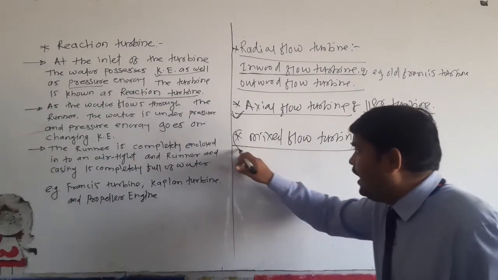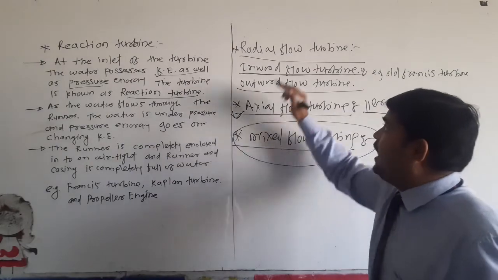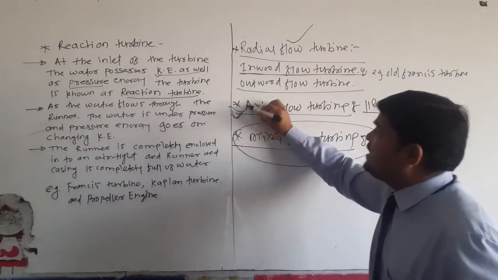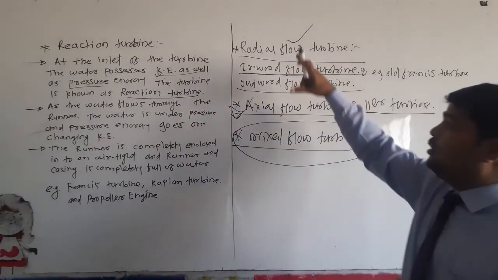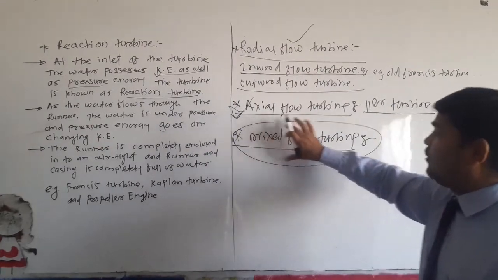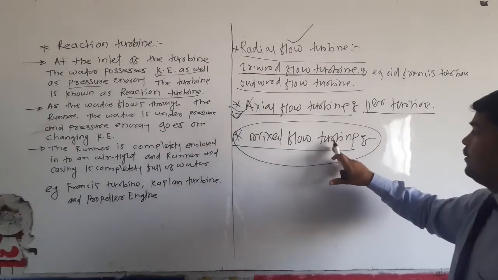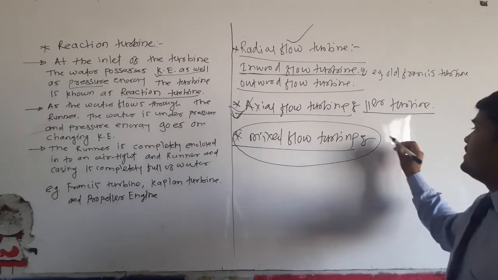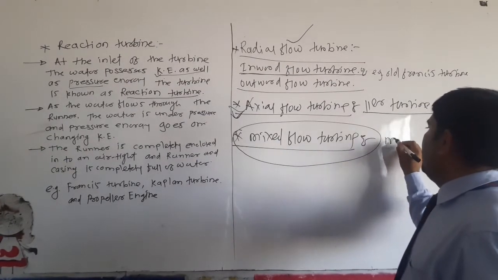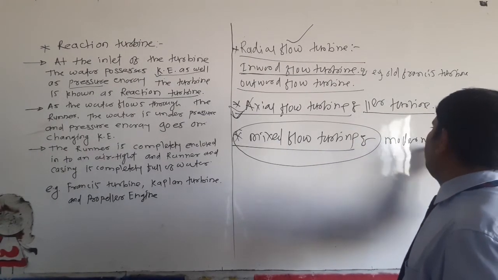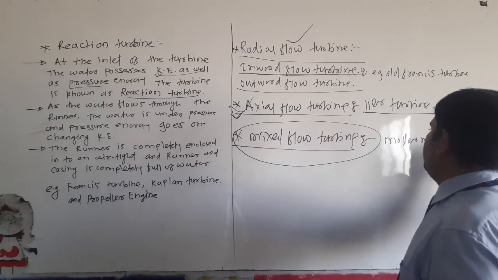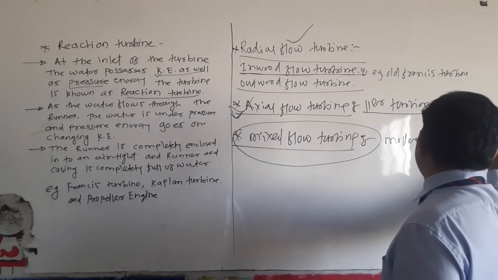That means in the mixed flow turbine there is radial flow as well as axial flow. The mix of those two flows, that turbine is called the mixed flow turbine. An example is the modern Francis turbine.